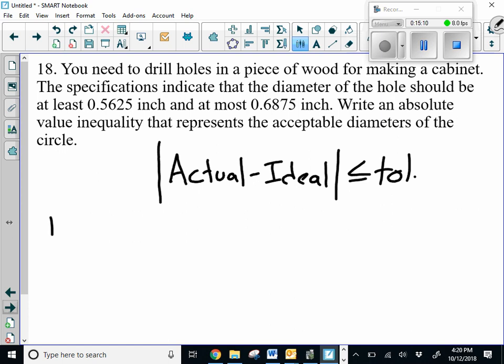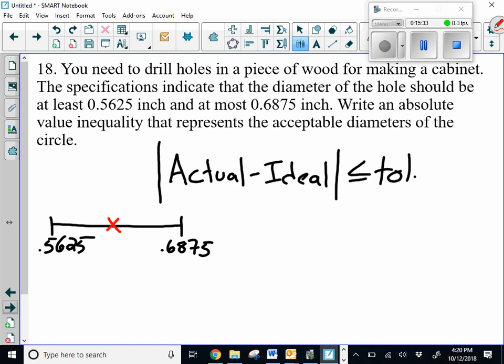So it tells us that the lowest possible is 0.5625, and that the highest possible is 0.6875. So here it tells us the range, and we have to figure out the ideal and the tolerance. Now remember, the ideal, if you think about it visually, is right in the middle here.